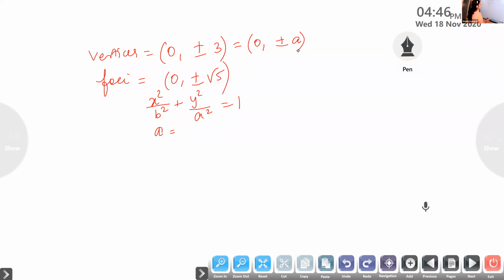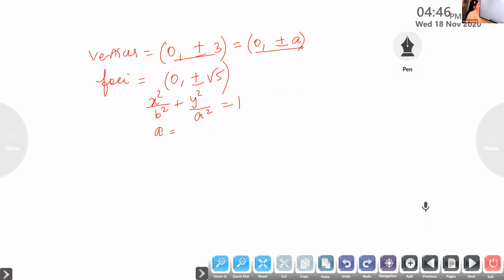If you compare it, what is the value of a? Compare it. I think you have selected this as B. It's wrong. Vertices are always given by (0, plus or minus a) or (plus or minus a, 0).